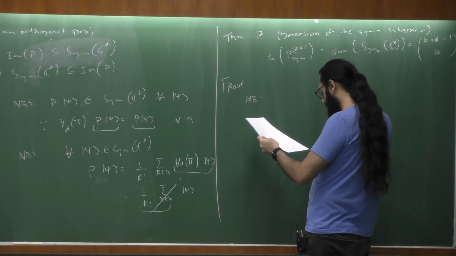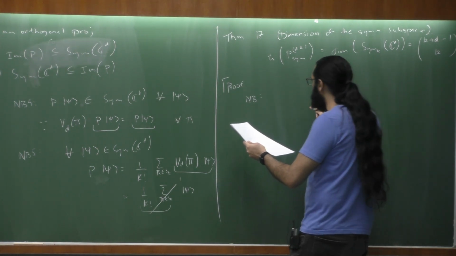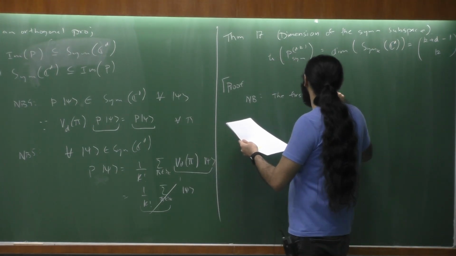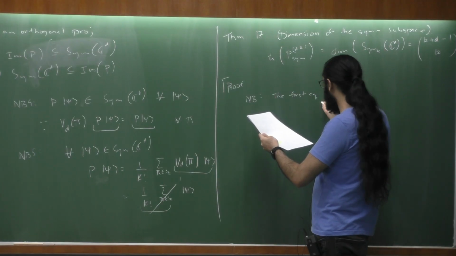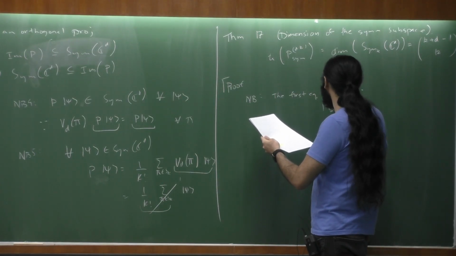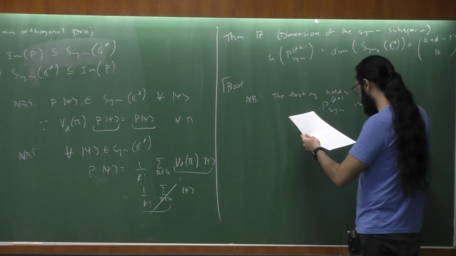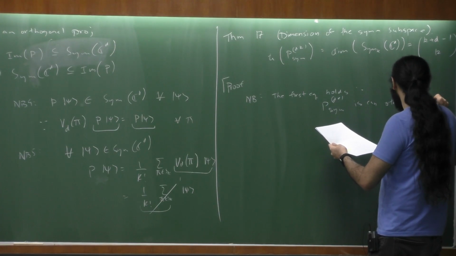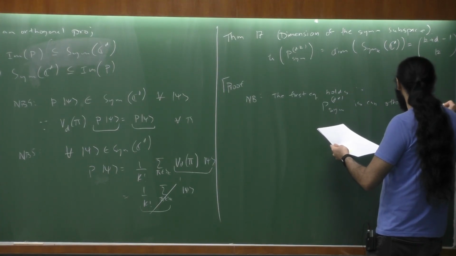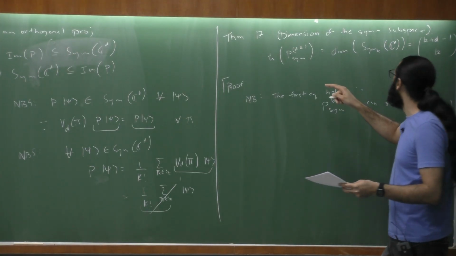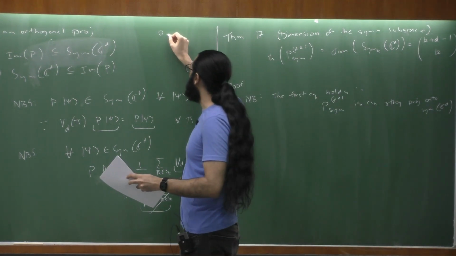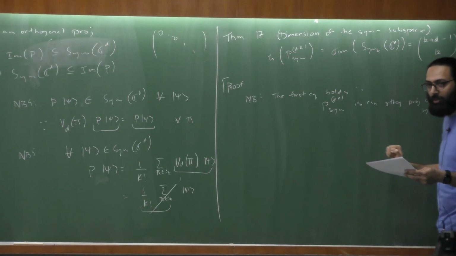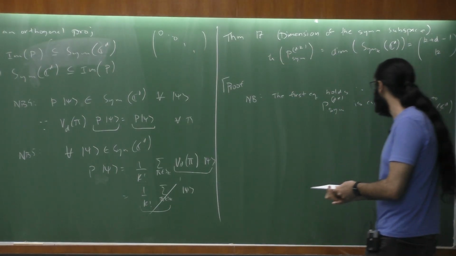Okay, so the first equality holds because P symmetric, d,k is an orthogonal projector onto the symmetric subspace of C^d. Right, so it was basically just the statement I had written earlier. Like you'll have 0, 0, whatever, and then you'll have 1, 1. There is a basis in which this is the case, and then you trace it, and you get the dimension of the space. So that part is sort of straightforward.